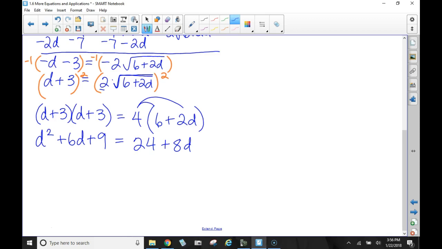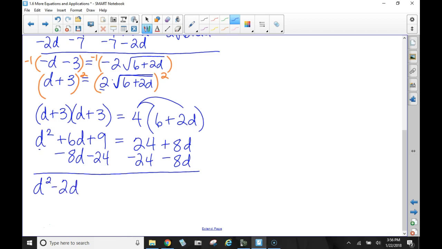Now get everything on one side equals 0 because I see my quadratic term over there. So I'm going to subtract 8d from both sides and also subtract 24 from both sides. Okay, so we have d squared minus 2d, and then minus 15, that's 9 minus 24, and then equals 0.